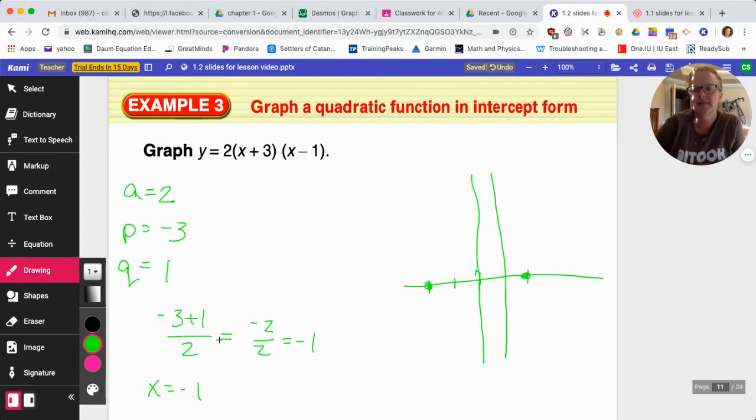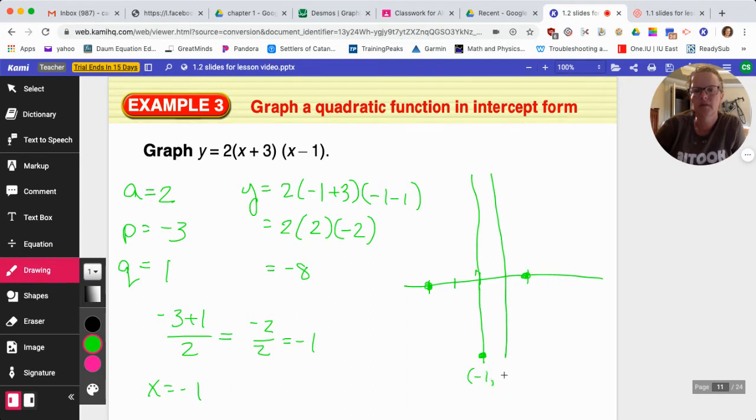What is the y value of my vertex, though? I'm going to go ahead and take that -1 and plug it in. -1 plus 3, -1 minus 1, 2, -2, -8. -1, comma, -8.